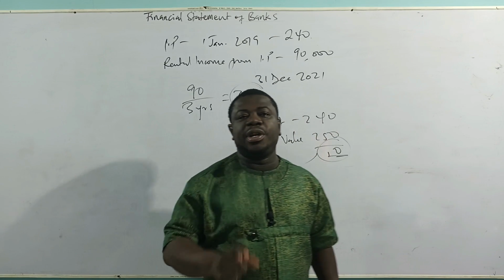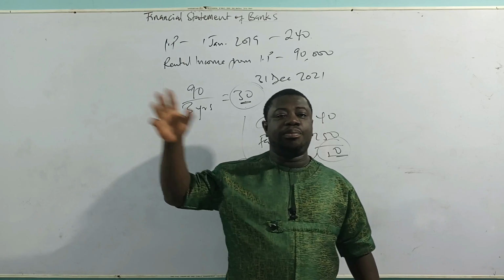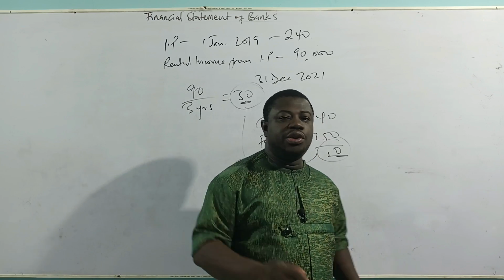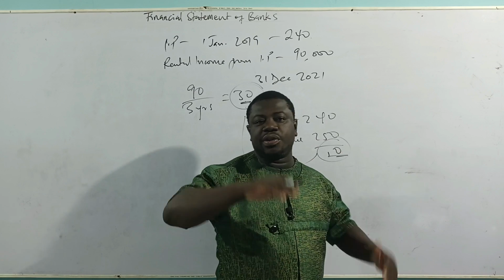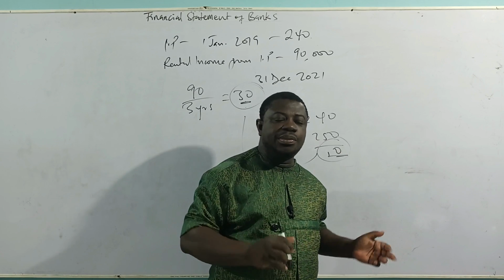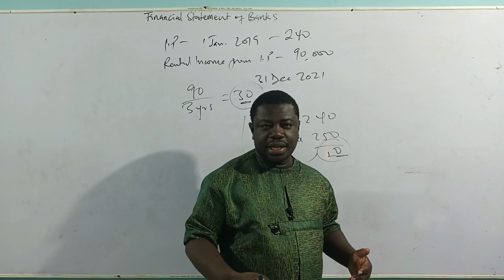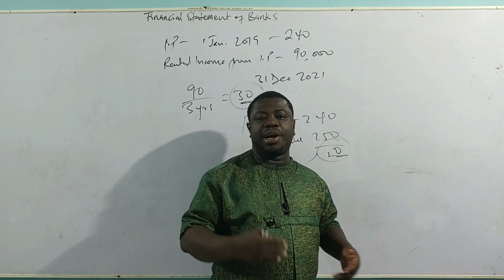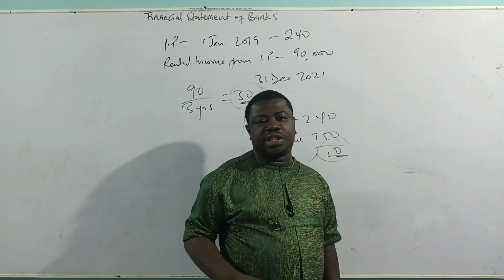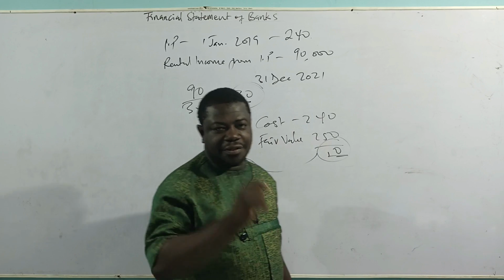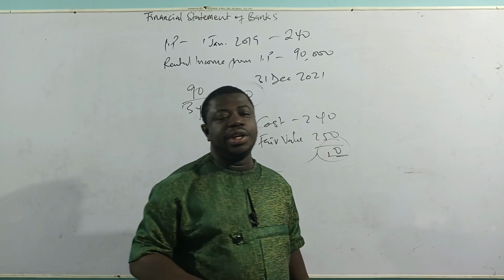However, the treatment of loan impairment is just like that of the provision for doubtful debt or allowance for recoverable debt. What we do is that we compare to see if there was an increase in provision or a decrease, because the banks continue to give loans every year. So every year they do impairment tests, and they always create a provision for impairment loss of their financial assets, which is including the loan.